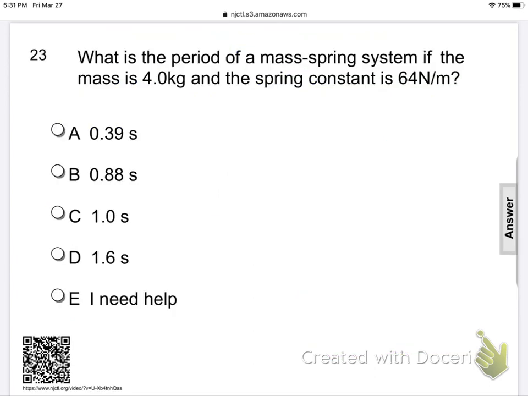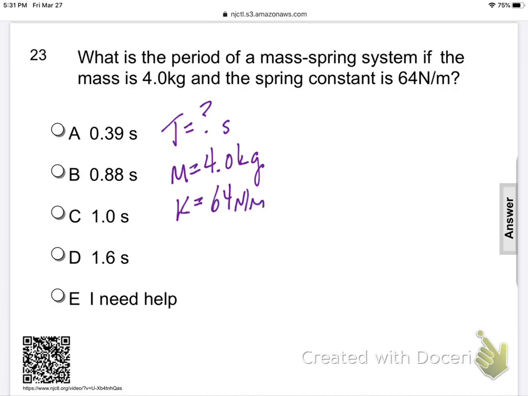We have a problem. What is the period in seconds of a mass spring system if the mass is 4 kilograms and the spring constant, that's k, remember, is 64 Newtons per meter? Let's do our givens and unknown. So we have our equation, period equals 2 pi square root Michael Kors.